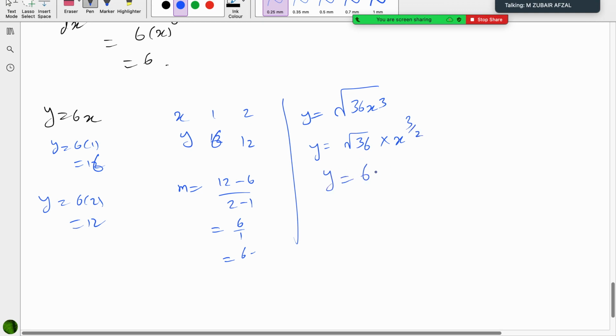Square root of 36 is 6, x raised to power 3 by 2. Now you can differentiate it. So dy by dx would be power multiplied with 6. We take away 1 and this is your differential. So 2 1 times, 2 3 times, 3 3 times is 9. X raised to power 3 by 2 minus 1 is 1 by 2.